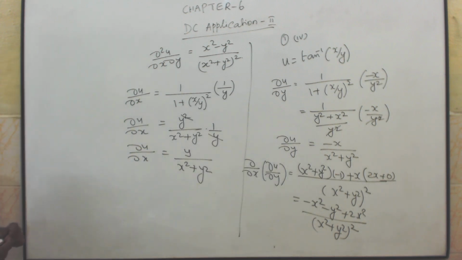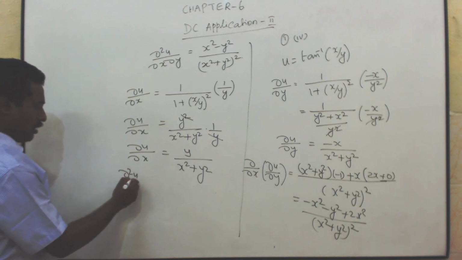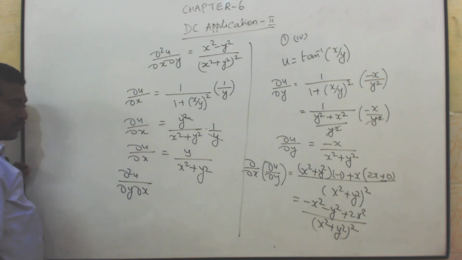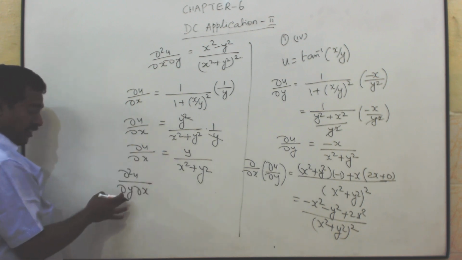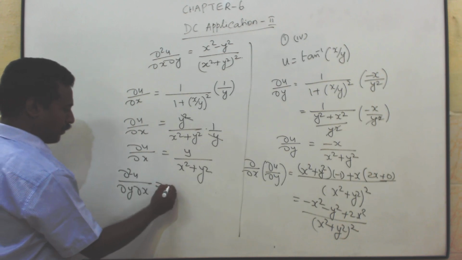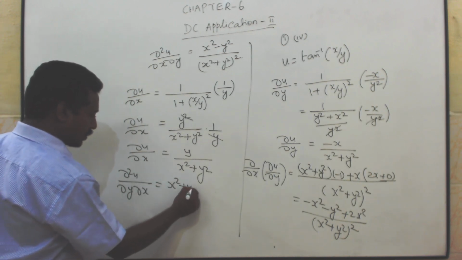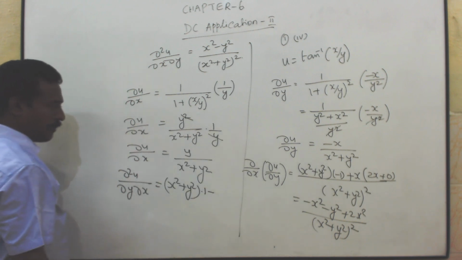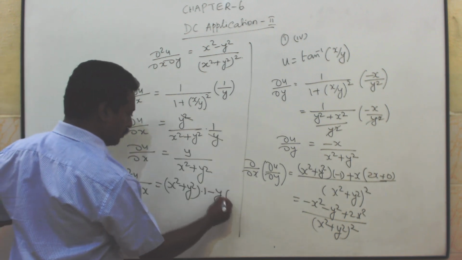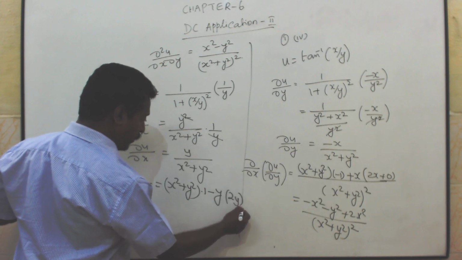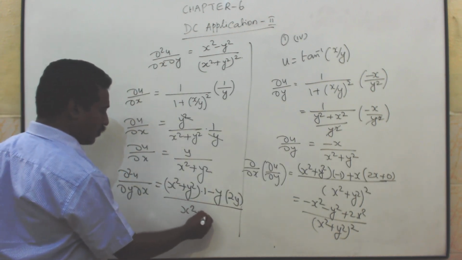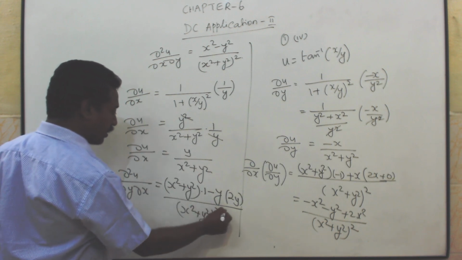Next, what we have to do? Dou square u by dou y dou x. That means this answer is differentiated with respect to y. X square plus y square, differentiation of y with respect to y is 1, minus y into 2y, divided by x square plus y square of whole square.